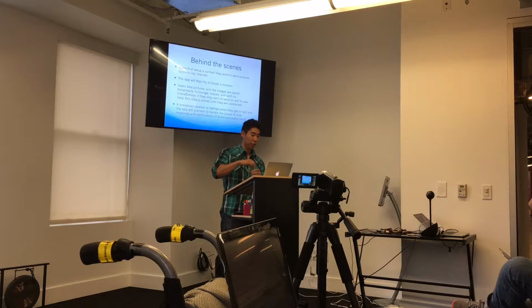Okay, so first we have to figure out where we're going to send these pictures. So the very first screen will ask you, who do you want to send these pictures to? Then it's going to try to look at location. It'll take the picture, and the images are saved temporarily to your external storage. They're resized, so they're optimized to send through email.